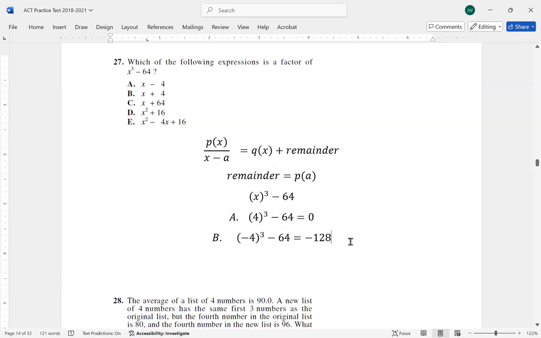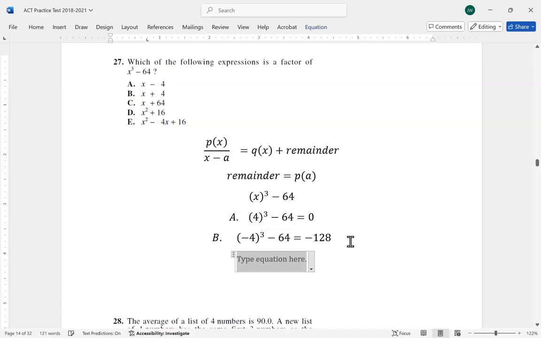And I can do the same thing with option C. With option C, I'd plug in -64, cube that, and then subtract 64. That is not equal to 0.